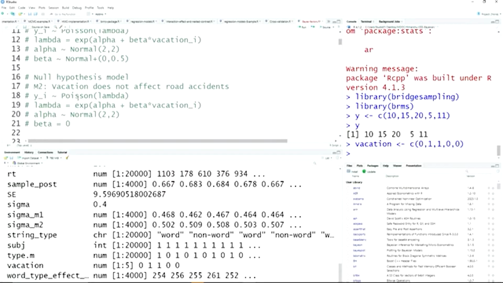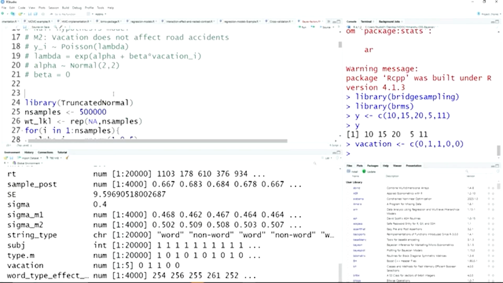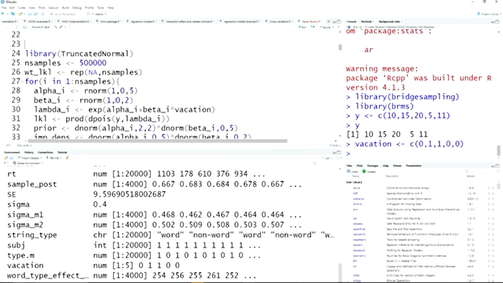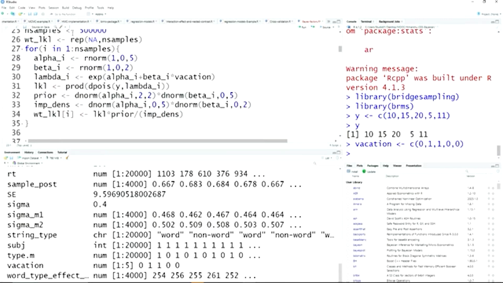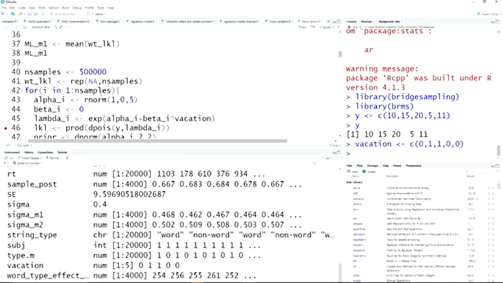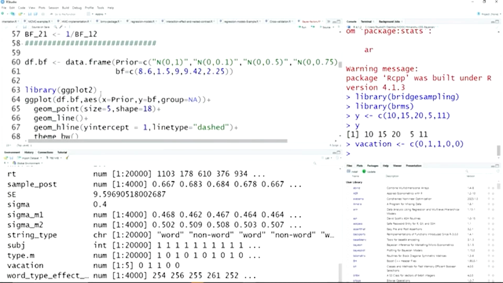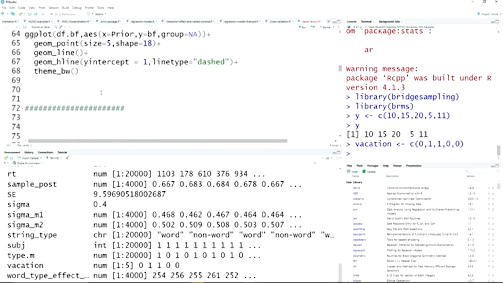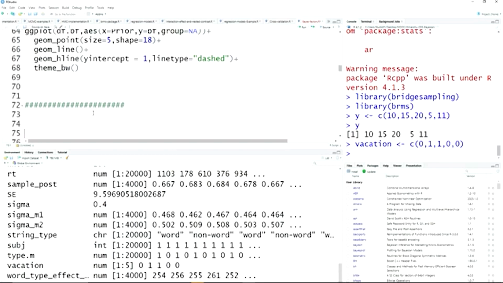Then we construct a null hypothesis model which looks the same, except that beta equals 0. So these are our two models. We calculated the Bayes factor using the Monte Carlo integration method and got some interesting results. Now we are going to do the same thing using the bridge sampling package. Let me show you how.